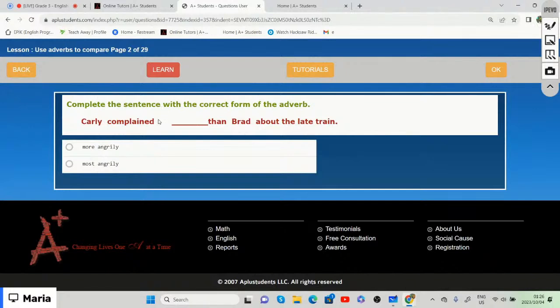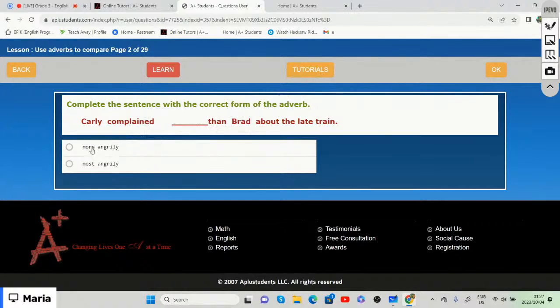So Carly complained, do we say more angrily or most angrily at Brad? This is basically comparing two actions between Carly and Brad. So we can say more.